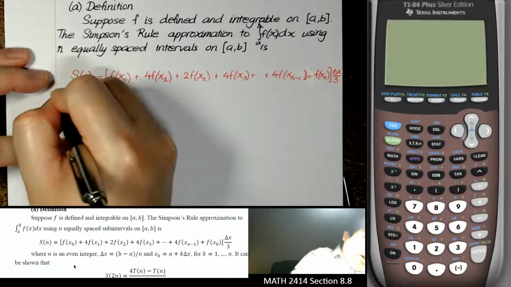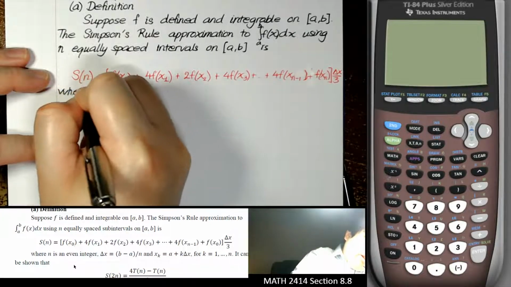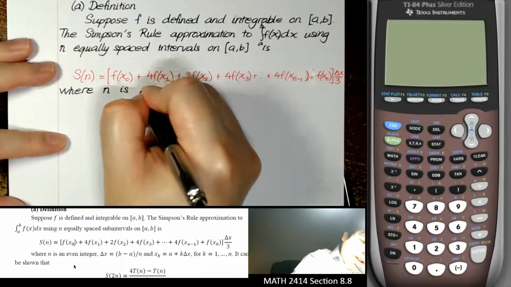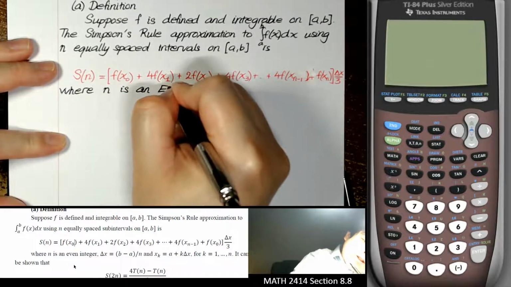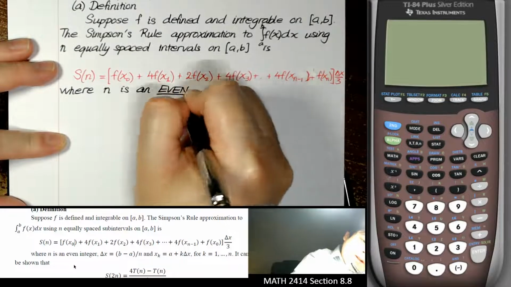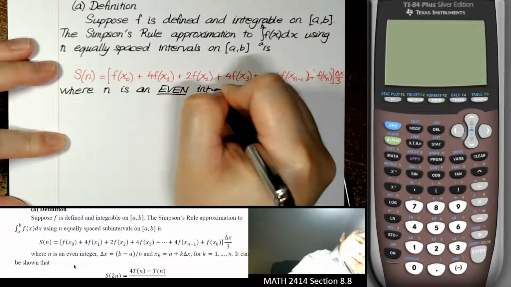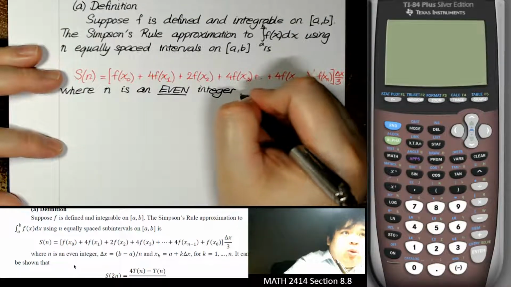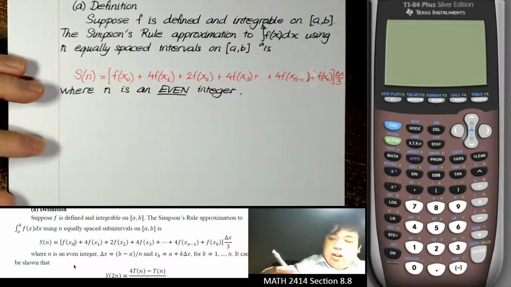First of all, n has to be even. And the width delta x and the sample points are the same.